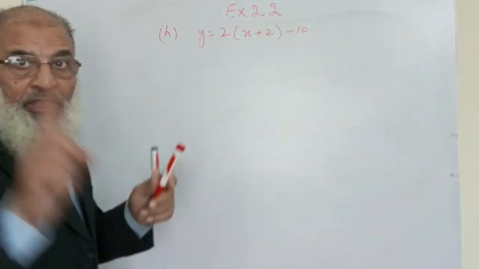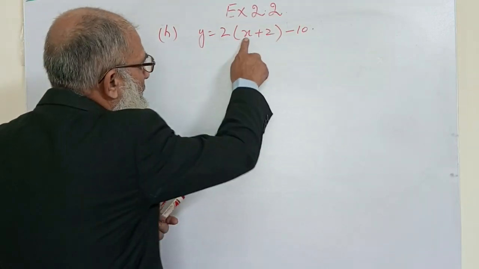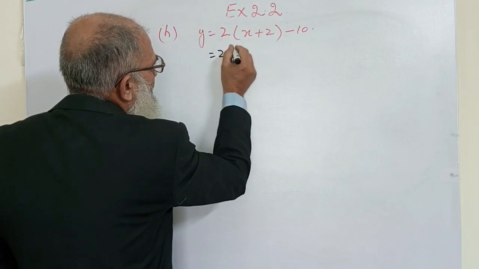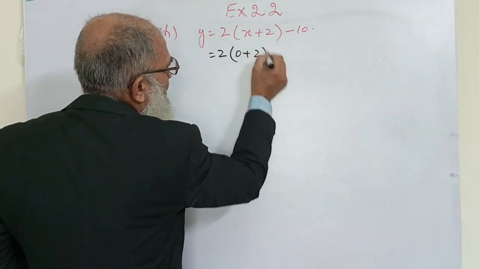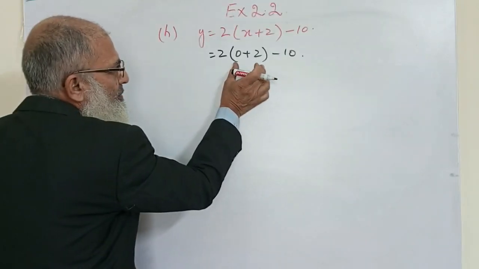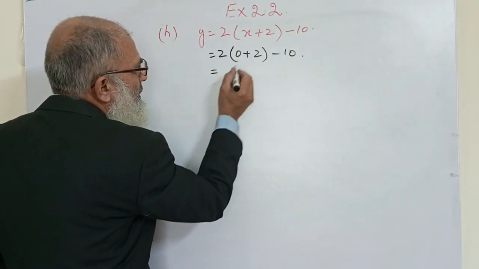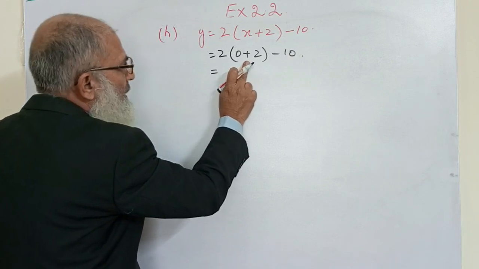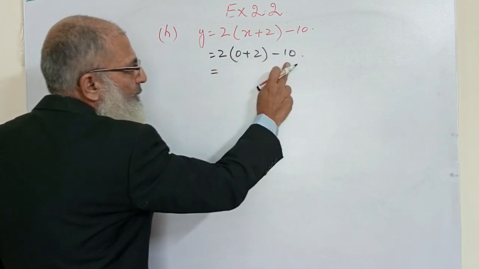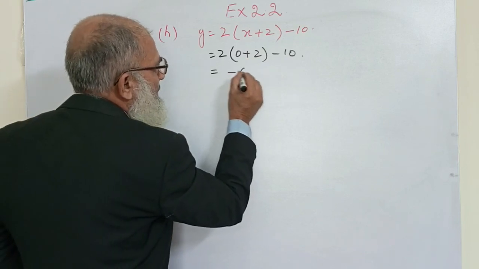Now for the first value of x, here it is 0, so 0 plus 2 minus 10. Solving the bracket first, we will get 2 from here, multiplied by 2 is 4. 2 multiplied by 2 is 4, and minus 10 is minus 6.